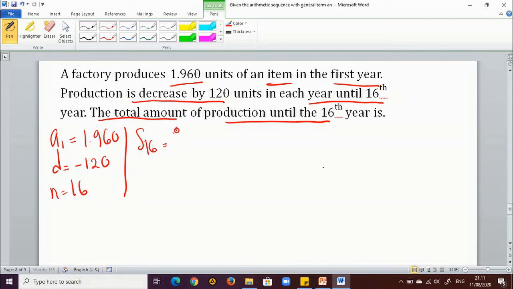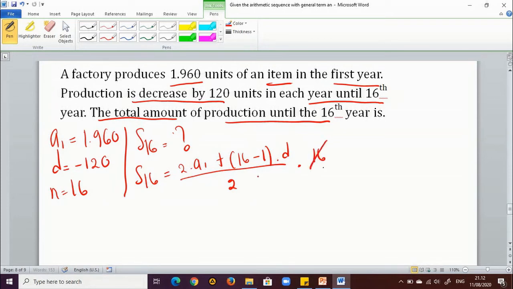S16, everyone. Okay, so from here we can use the alternative formula: S16 equals 2 times the first term plus 16 minus 1 times the difference, over 2, times 16.